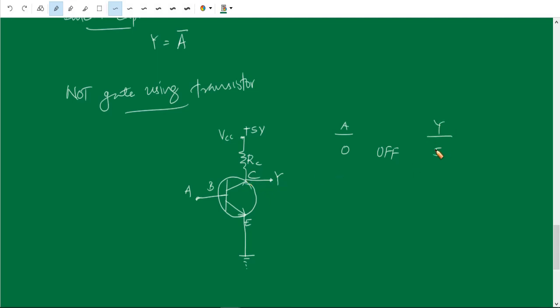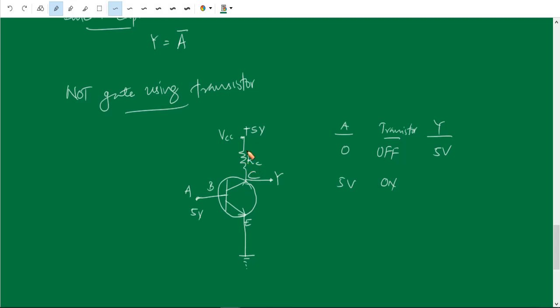If 5 voltage is applied at the input, what happens? The transistor is in on state. When the transistor is on, current flows from the collector to the emitter through the transistor. This current is flowing through the resistance RC.